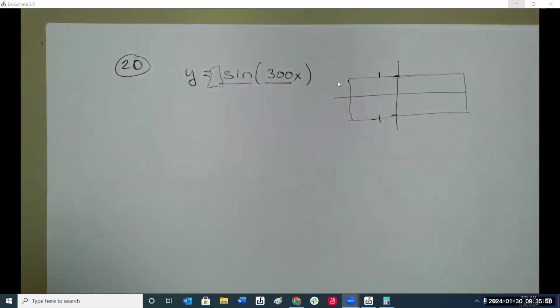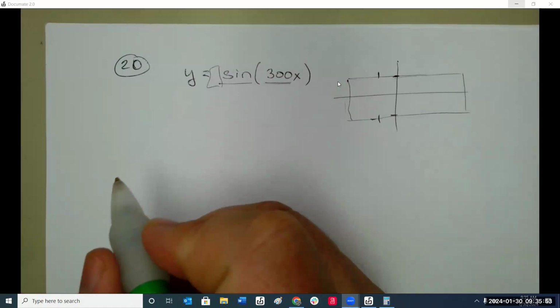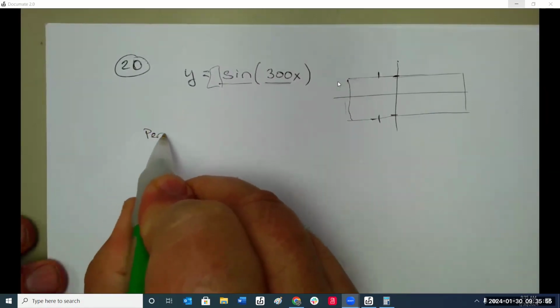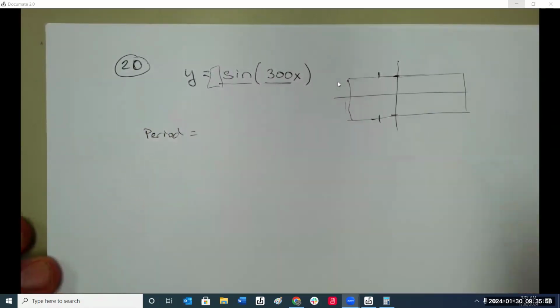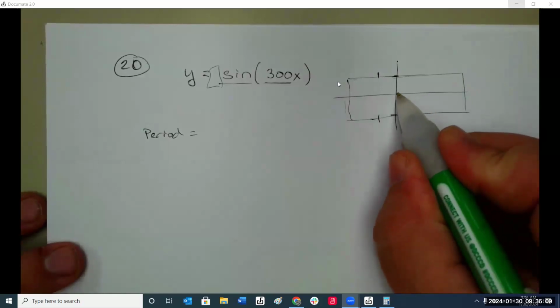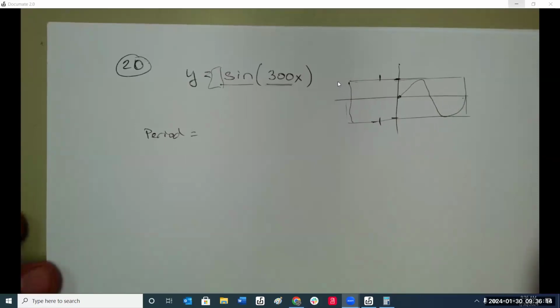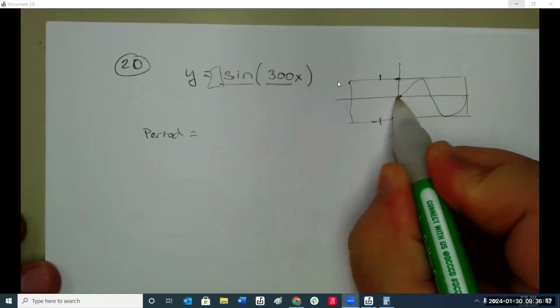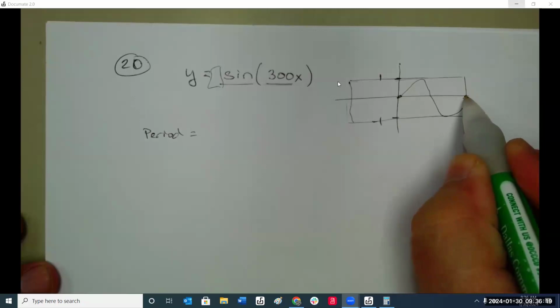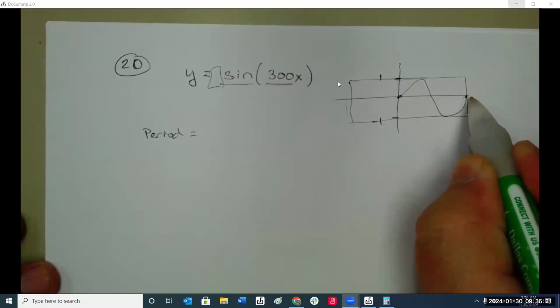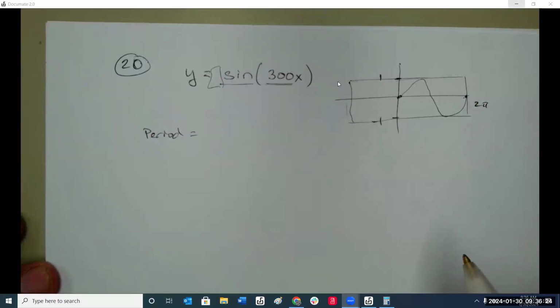This equation comes into play because we have to look at the period. What is the period of the sine function? In other words, a period is where it starts and where it starts repeating again. It goes from 0 to where, before it repeats itself? 2 pi, right?